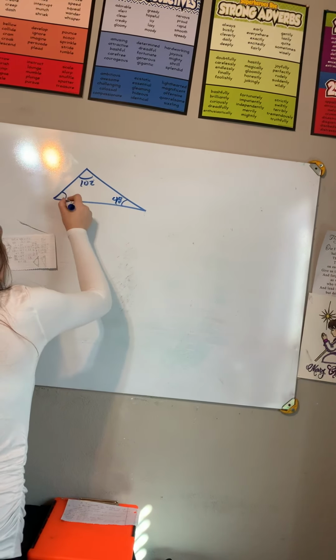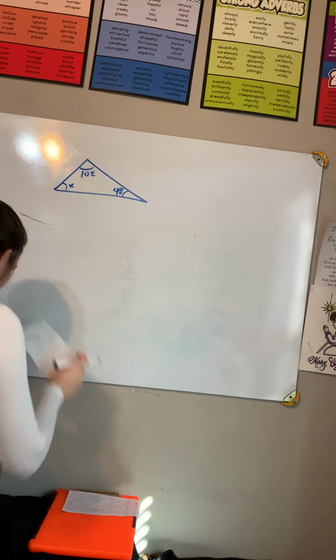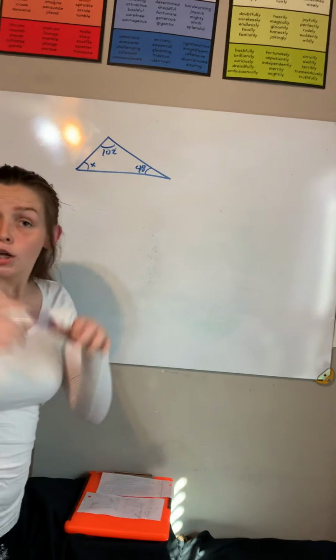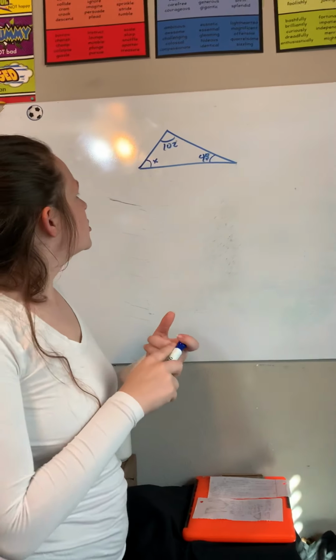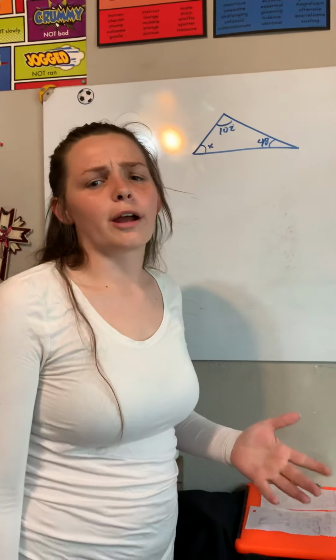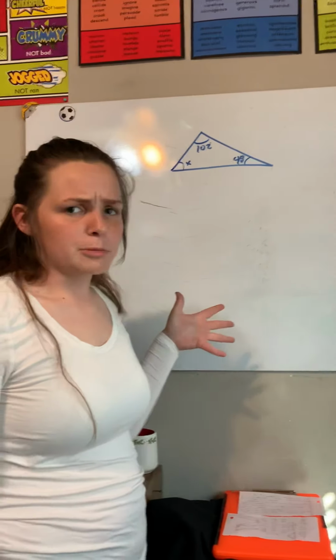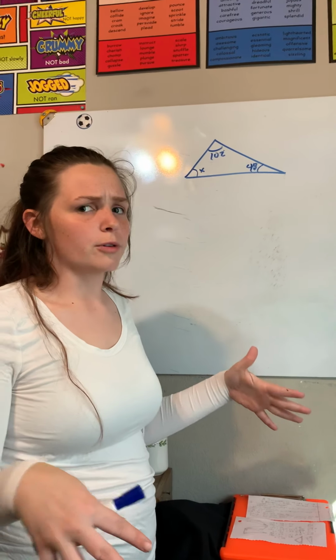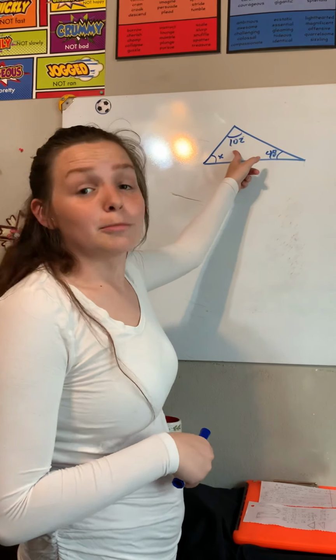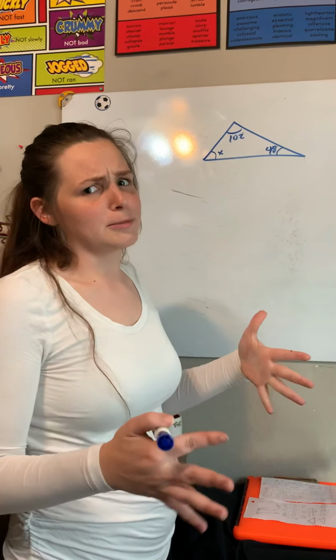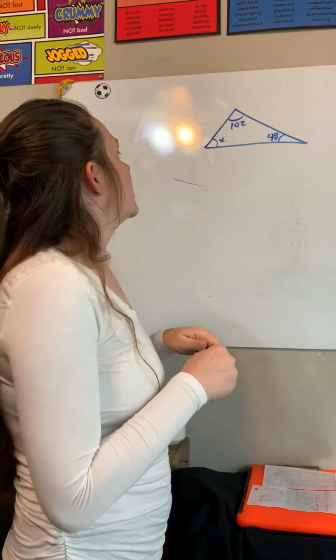And we want to know what this angle is, so that's going to be angle X. So where do we go from here? Well, let's figure out what kind of triangle this is. There are no hash marks, so that must mean it's a scalene triangle. That looks way more than 90 degrees, so that has to be an obtuse angle, so that helps us.